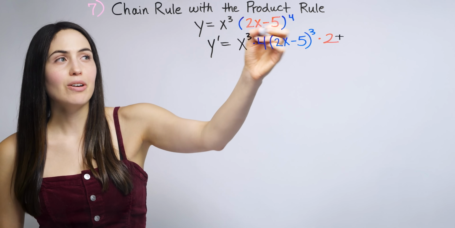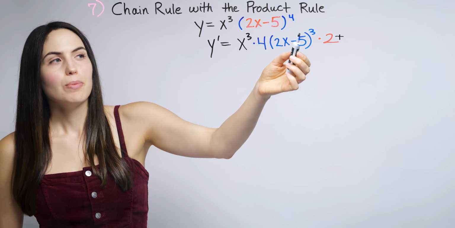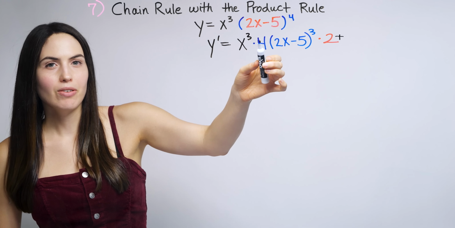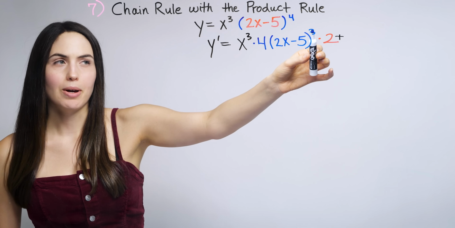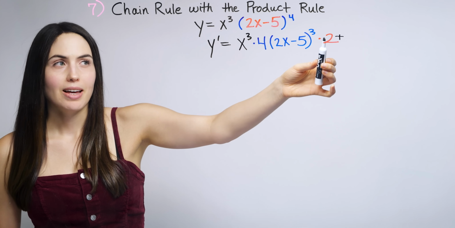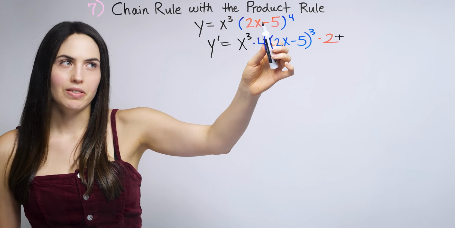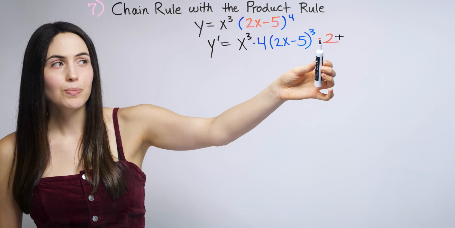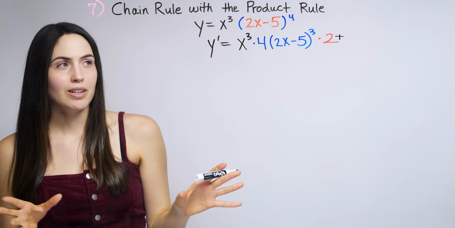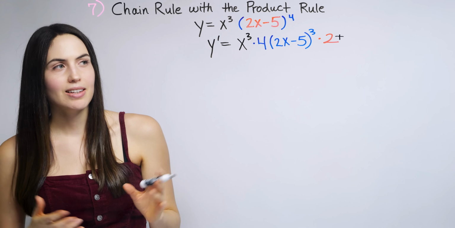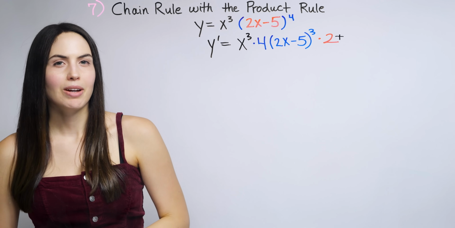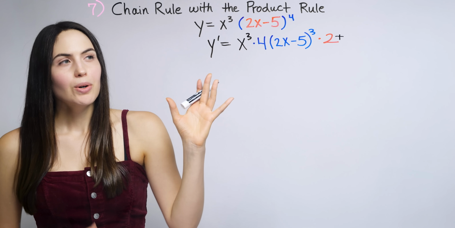So derivative of the outer function, the power of 4, by the power rule we bring down that power to the front and reduce the old power by 1, multiplied by the derivative of the inside function, derivative of 2x minus 5 is just 2. For a fuller, slower explanation of using the chain rule on a power like this, see that example number 1 in my first video. We're only halfway done.